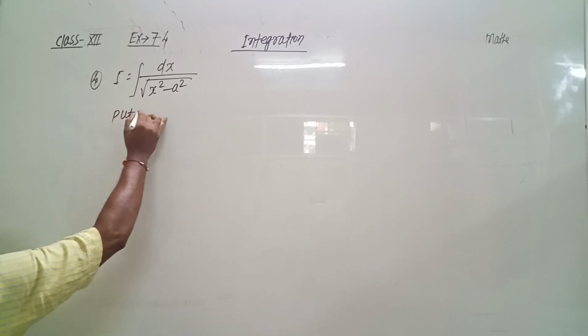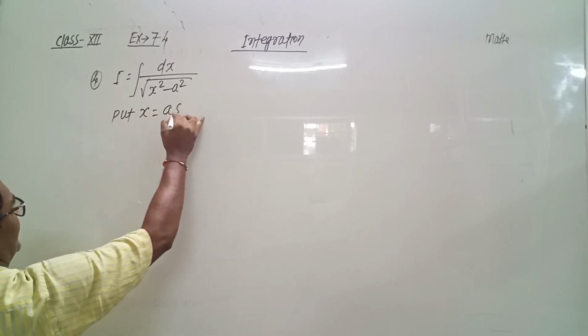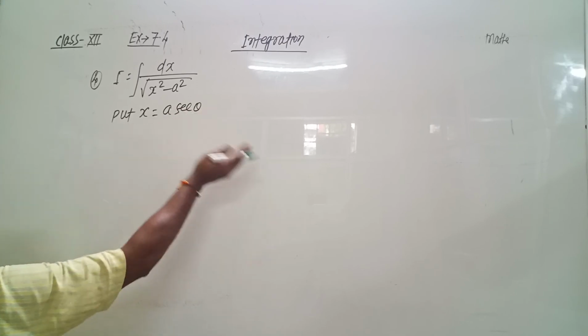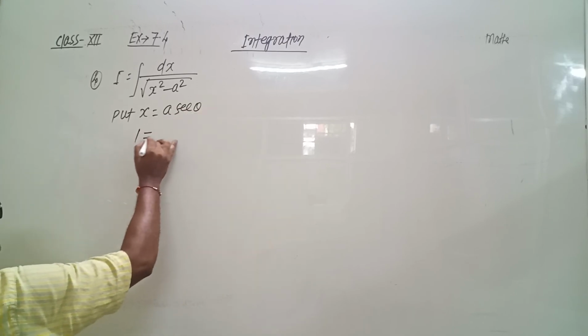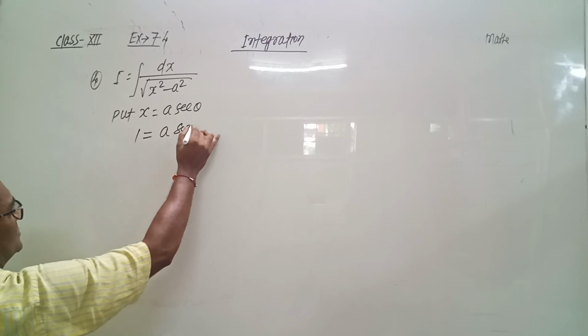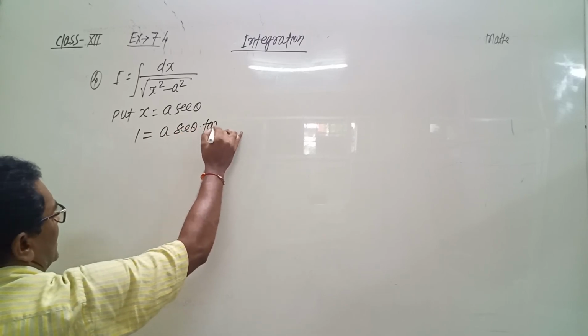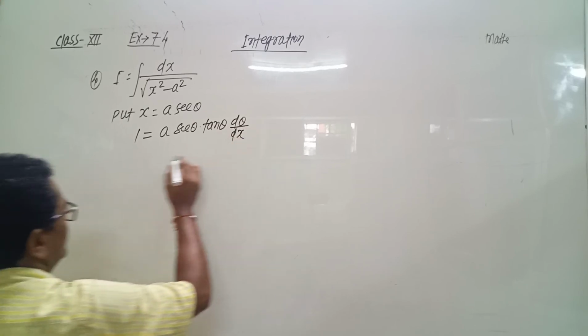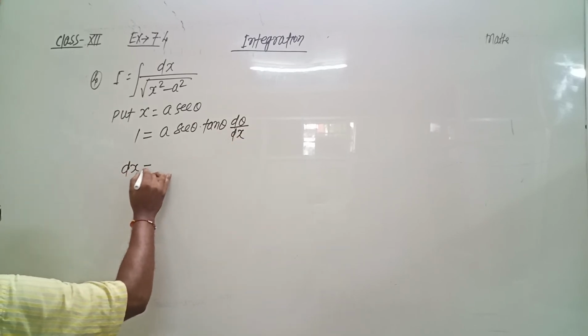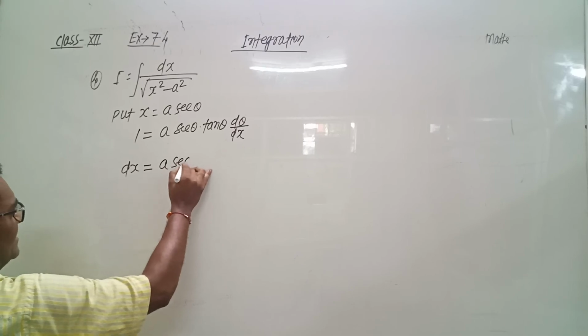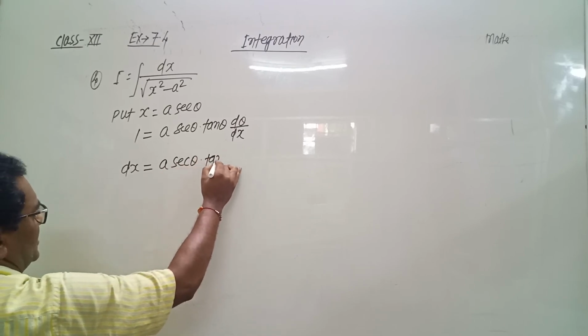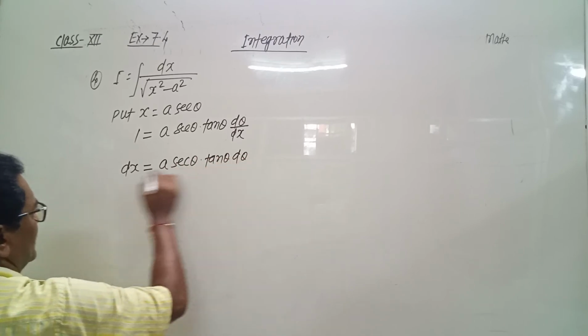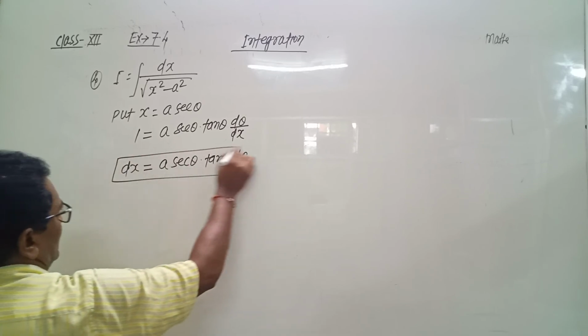So put x equals to a sec theta and differentiate with respect to x. 1, a as it is, differentiation of sec theta is sec theta into tan theta, and differentiation of theta is d theta by dx. Then we get dx equals a sec theta tan theta d theta. The value of dx we get.